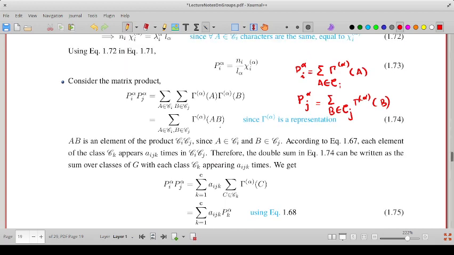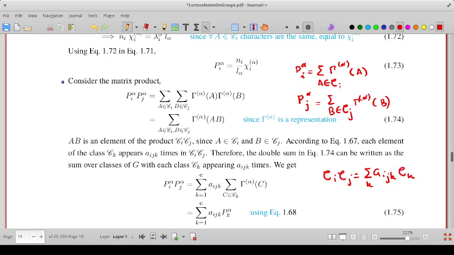Now, what is the product AB? A is an element of class Ci and B is an element of class Cj. The product of them will be an element of the class product Ci Cj. And as I have told you earlier, Ci times Cj is the sum over k of aijk Ck.